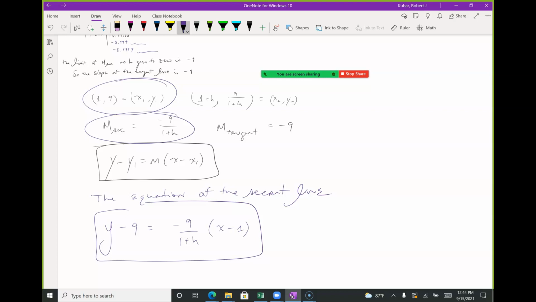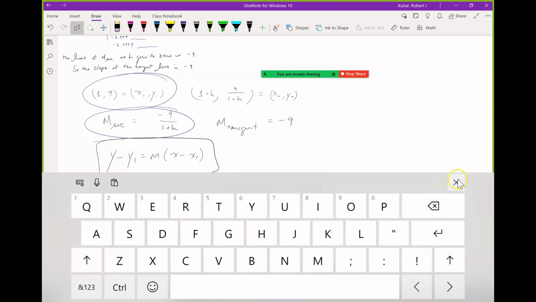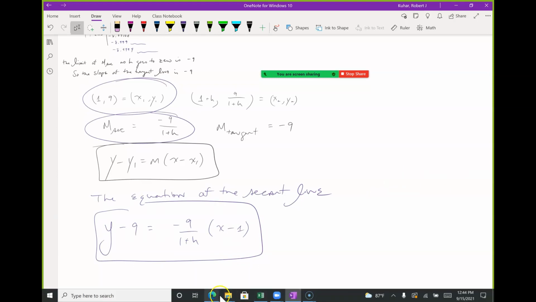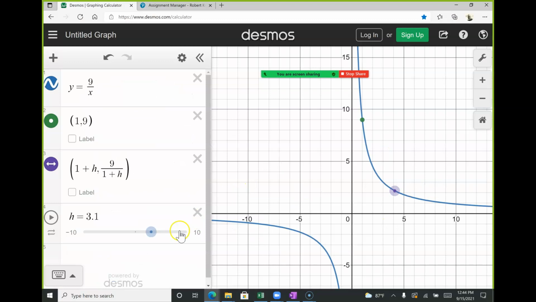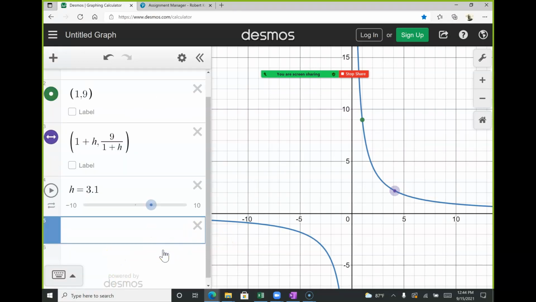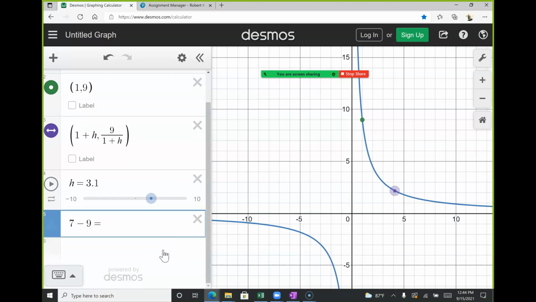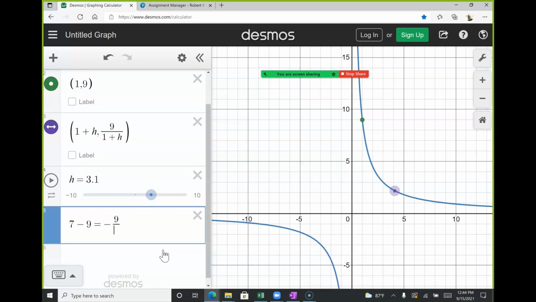And now I'm gonna go to Desmos and graph this. It's possible to do on your calculator, but it's not easy. So I'm putting in that equation here. Y minus 9 equals negative 9 divided by 1 plus h.